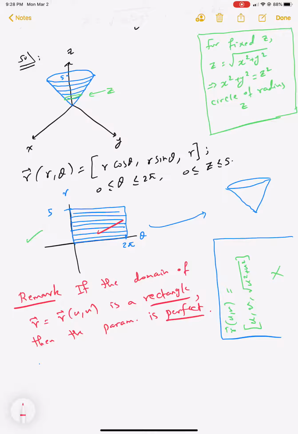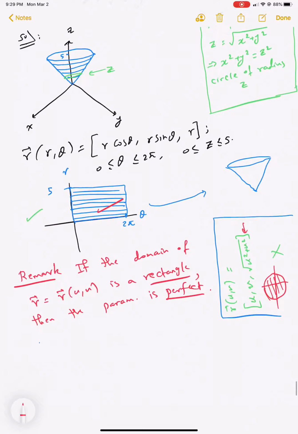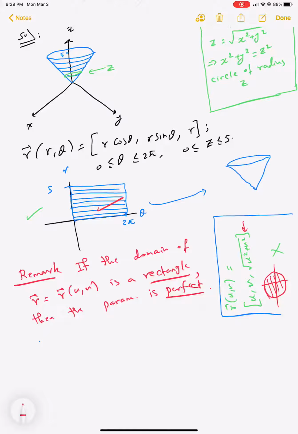But if you discover that the domain of the parameterization is a complicated region, that's not a good parameterization. The reason is, when we do surface integrals, we will need to integrate over these regions. So the easier the region, the better the parameterization. For example, if we find the domain of this other parameterization, it will be a disk. The disk, of course, is not an ugly domain, but the rectangle is much easier to deal with than the disk. That's why we prefer the rectangle over the disk.